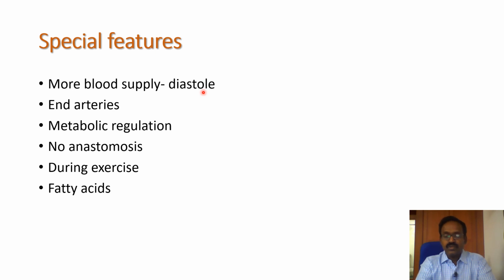The coronary circulation has high oxygen extraction, 80% from the arterial blood supply. Even at rest the arteriovenous oxygen difference is very high. So the heart receives more oxygen from the coronary circulation.